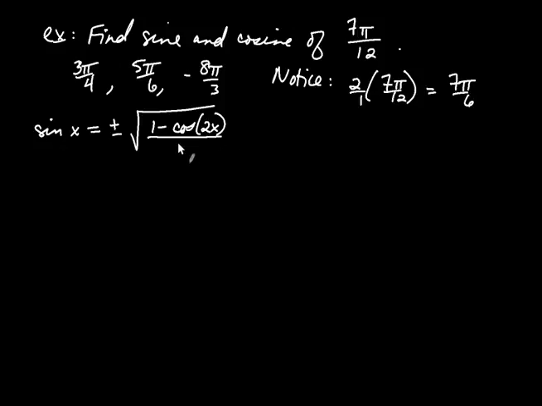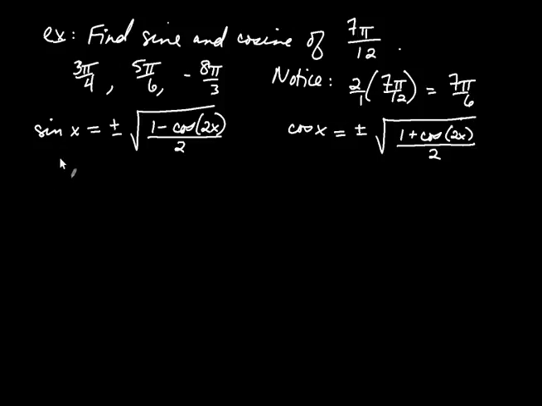Okay, this is a form of the half angle formula. The same thing is true for cosine: cosine of the angle is equal to plus or minus the square root of 1 plus cosine of double the angle. These are the alternate forms of the half angle formulas.